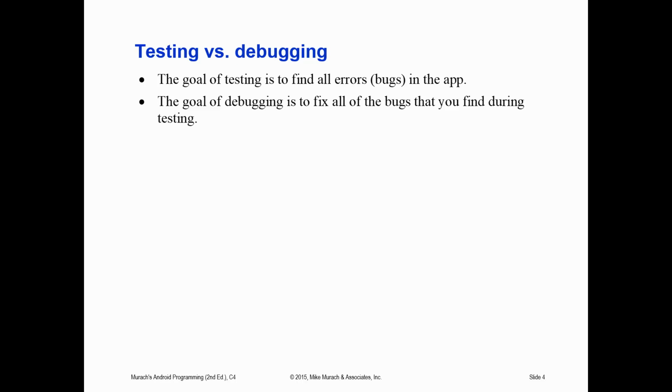As it says, the goal of testing is to find all errors or bugs in an app. Now, I'll tell you this quickly, and you may have heard me or someone say this before, but supposedly, at least, this is the truth. One of the first real programmers, who really did a lot, was someone whose name is Grace Hopper.